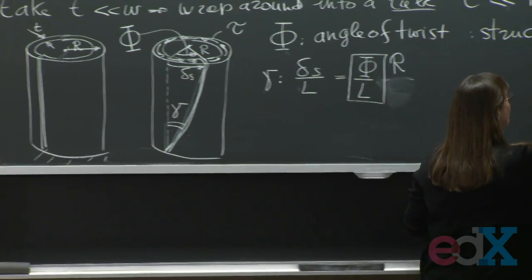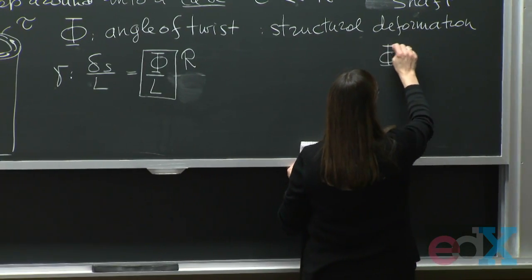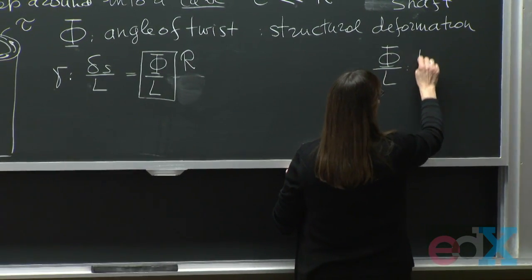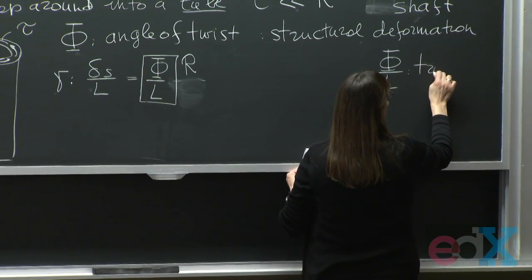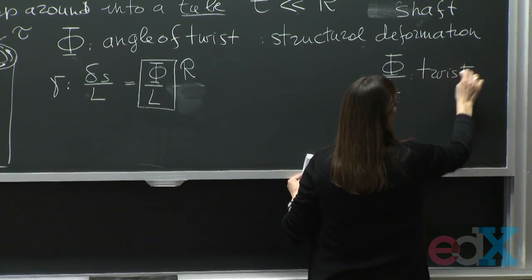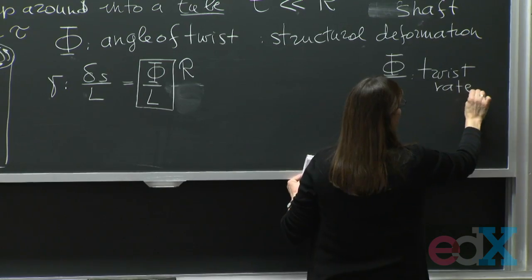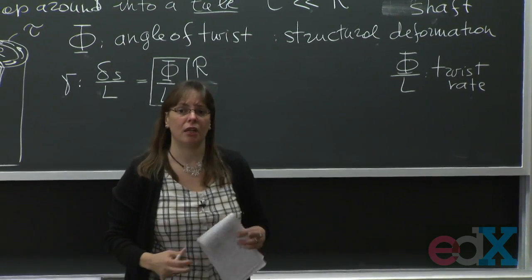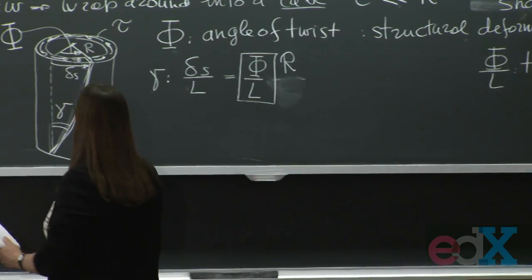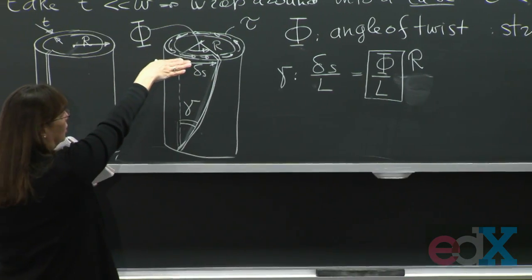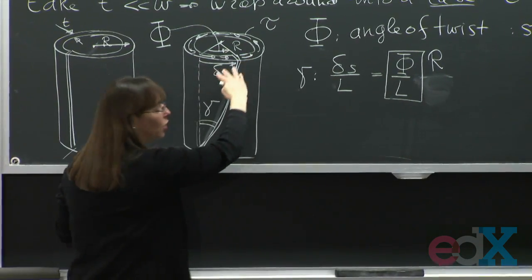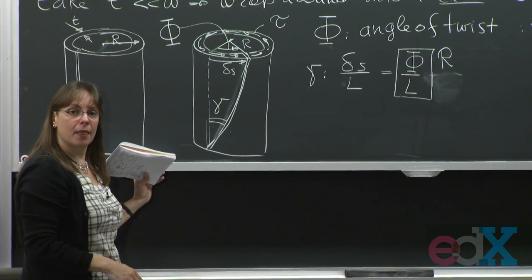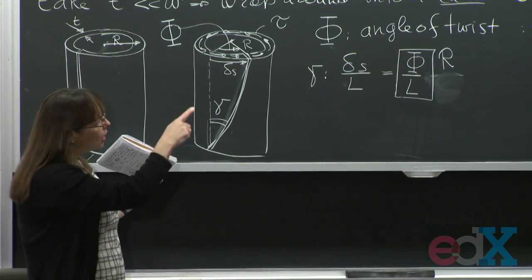My phi over L is called the twist rate. And it's an important concept, because if you think about it, it tells you how much I'm twisting per unit length, right? So it has its own name. So let's write it like that.